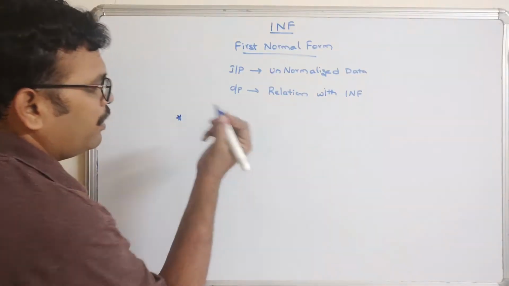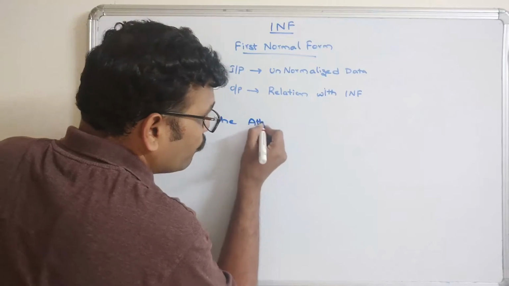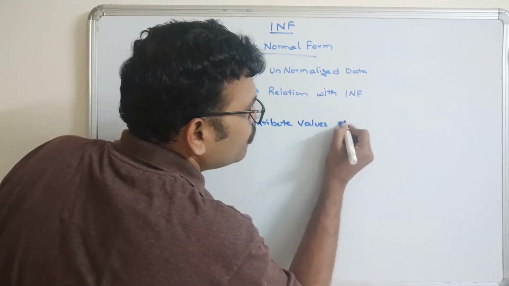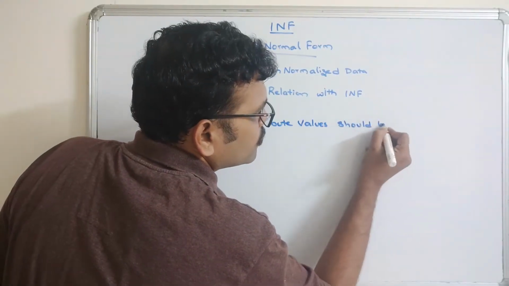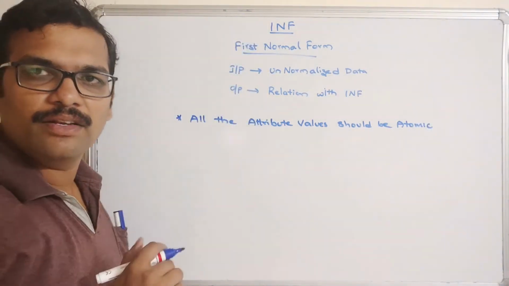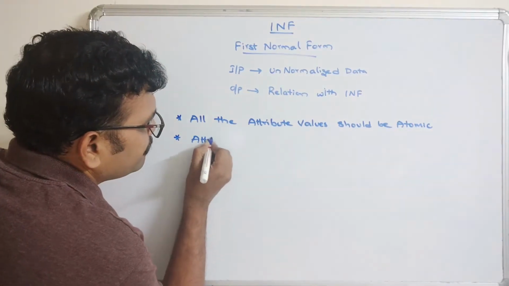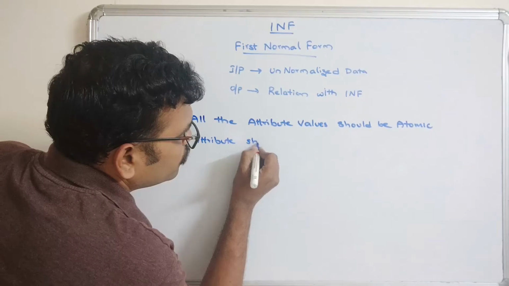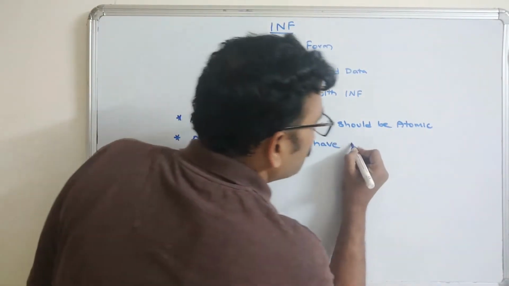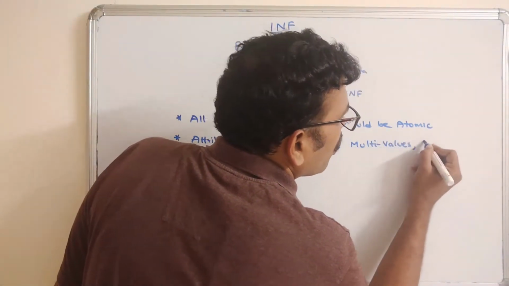The first point: all the attribute values should be atomic. That means it should have a single value, and attributes should not have multi-valued attributes or multiple values or composite.